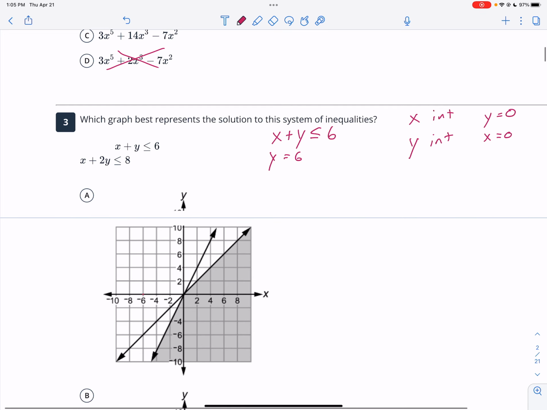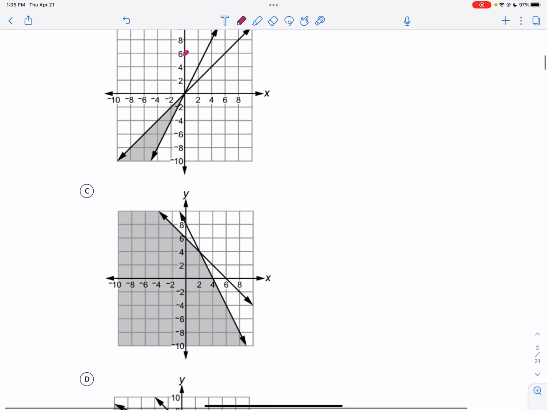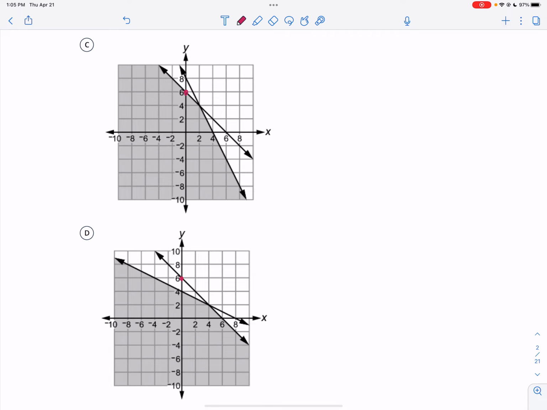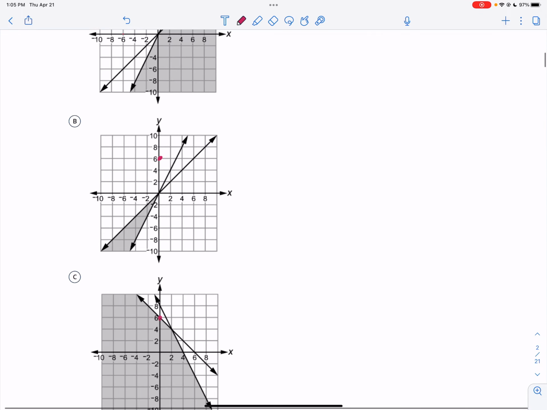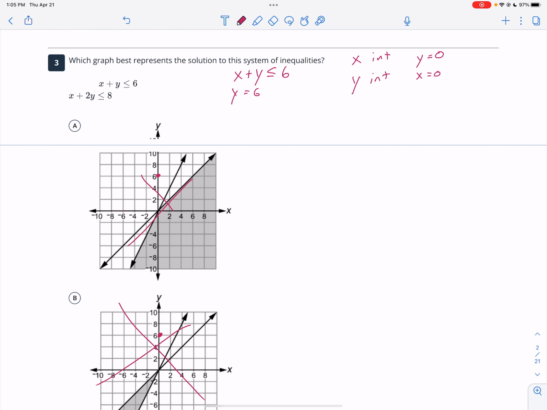So when I look at this, the point (0, 6) has to be somewhere on my graph. That can't be it. That can't be it. This and this are the only ones it could be. So it couldn't be this one. That point is not even on that graph. That point is not even on that graph. So it can't be those. You can get rid of half of your solutions now.